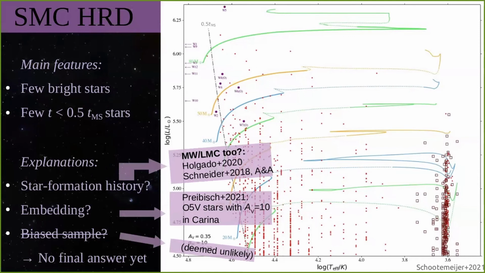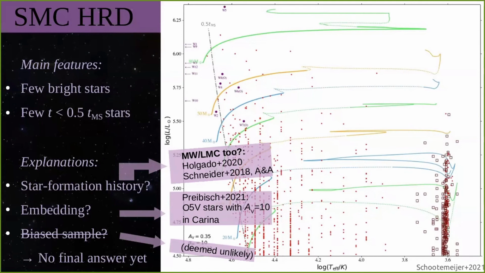But one suspicious thing is that, if you have listened to Gonzalo Holgado's talk, something similar, a lack of young stars, is observed in the Milky Way, and that these two disconnected environments have the same exact star formation history that needs to be tweaked a lot. Sounds suspicious. A second explanation is embedding or obscuring behind birth clouds.